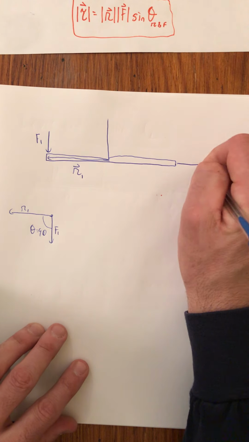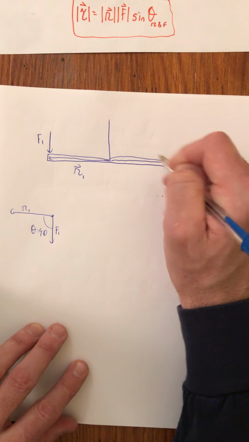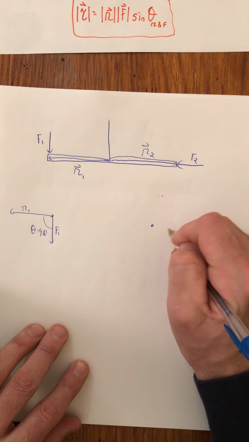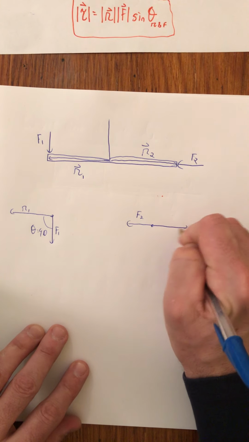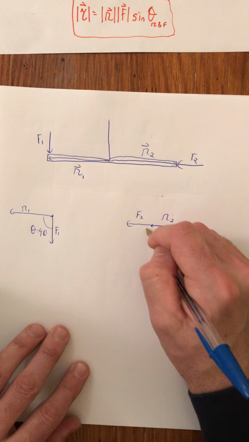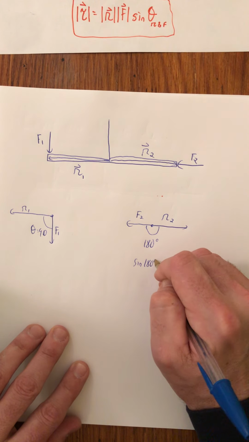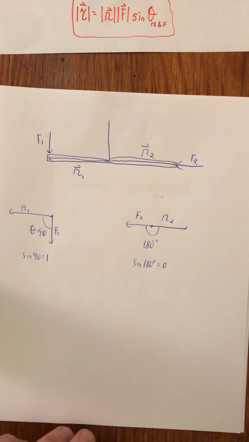Now, if I had force 2, and that would be R2. Looking at that, once again, if I draw those two vectors concurrently, F2 and R2, my angle between those is 180 degrees. Sine of 180 is equal to 0. Here, right, sine of 90 is equal to 1.